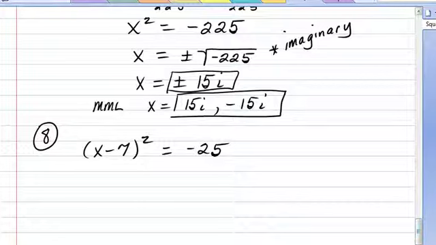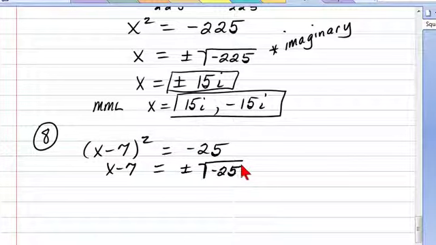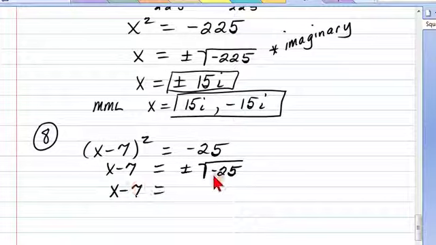Is this one ready for the square root property? Yep. So I'm going to have x minus 7 is equal to plus or minus the square roots of negative 25. Can you simplify the radical? Yes. You notice that it's a negative 25, so what are the square roots? Okay, plus or minus 5i.